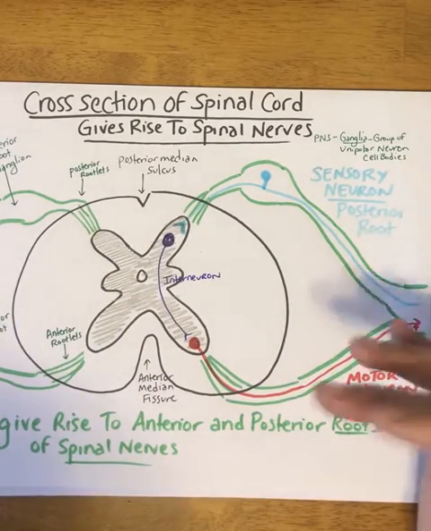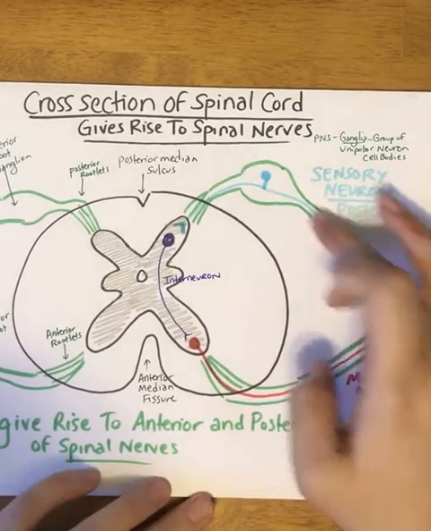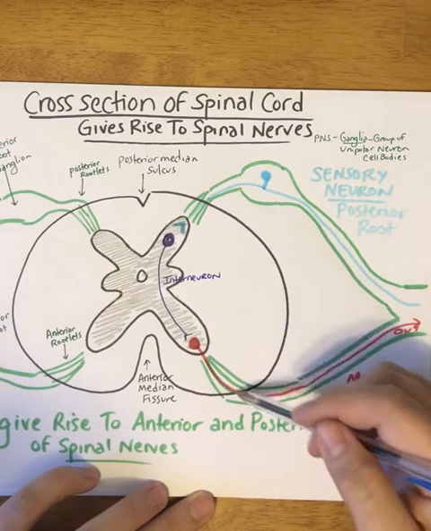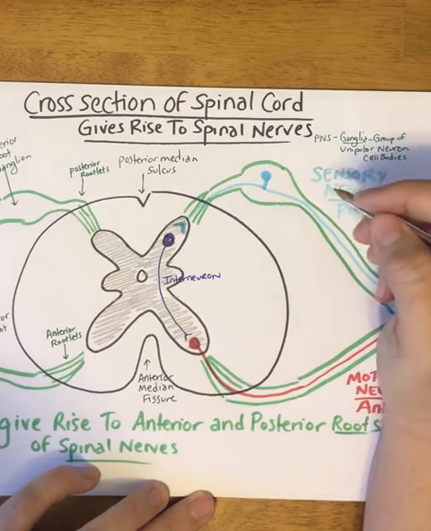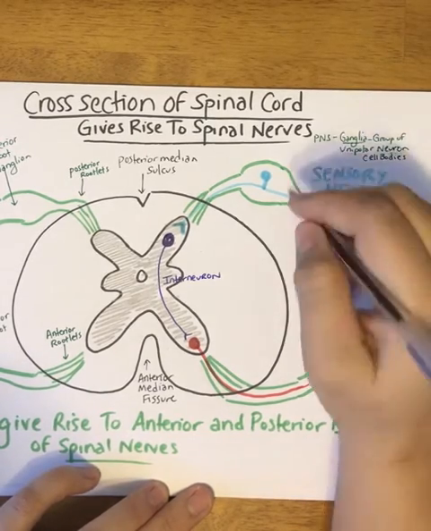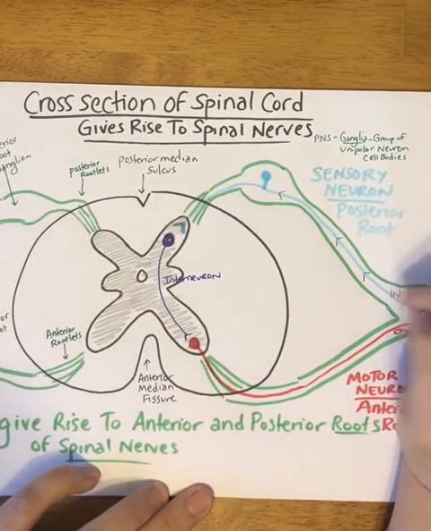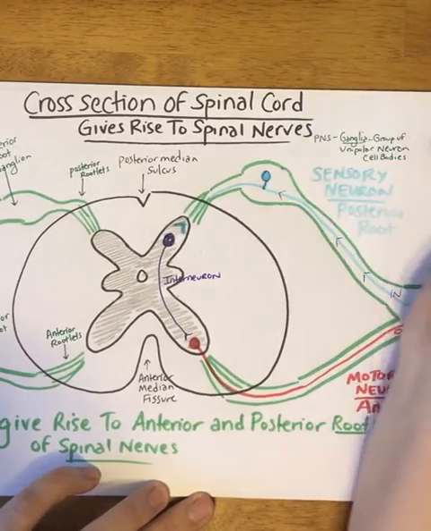So basically the last part of your chapter is talking about the spinal nerve. Motor is always going to travel out of the spinal cord through the anterior root. Sensory is always traveling into the spinal cord. This is going into, this is a unipolar neuron.